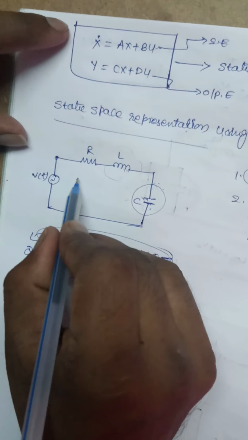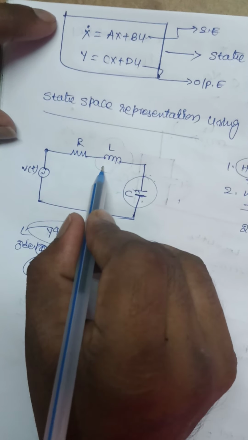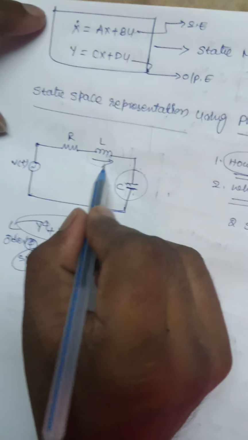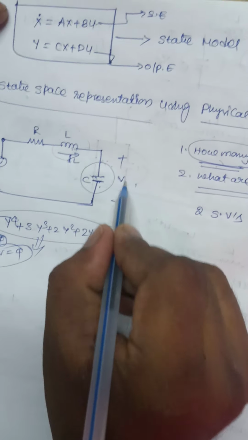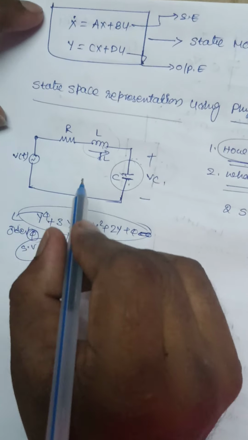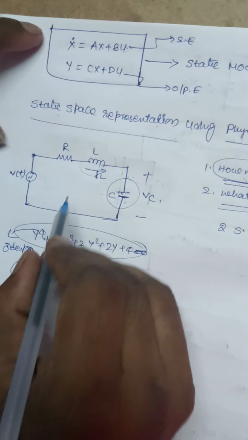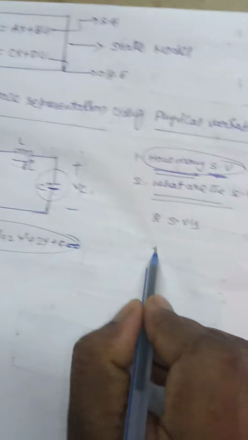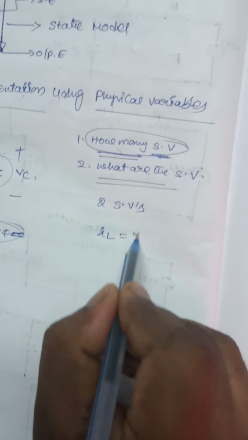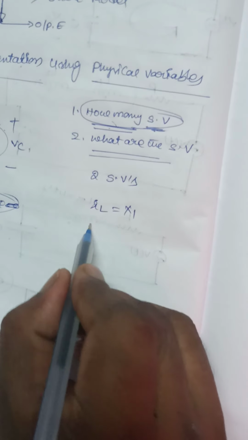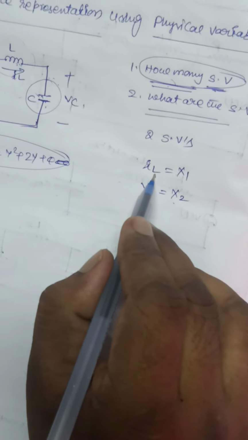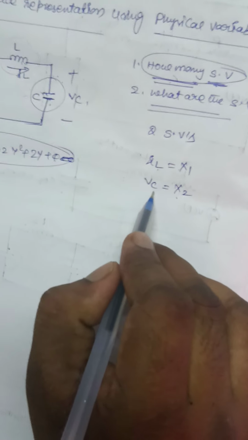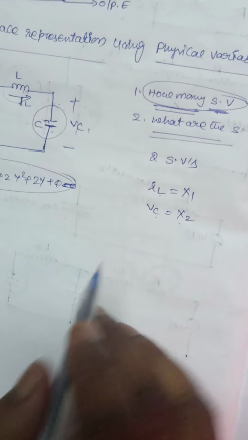Normally the current flowing through the inductor IL and the voltage across the capacitor are taken as state variables. IL is one state variable x1, and VC is another state variable x2. So IL, the current through the inductor, and VC, the voltage across the capacitor, are the two state variables.